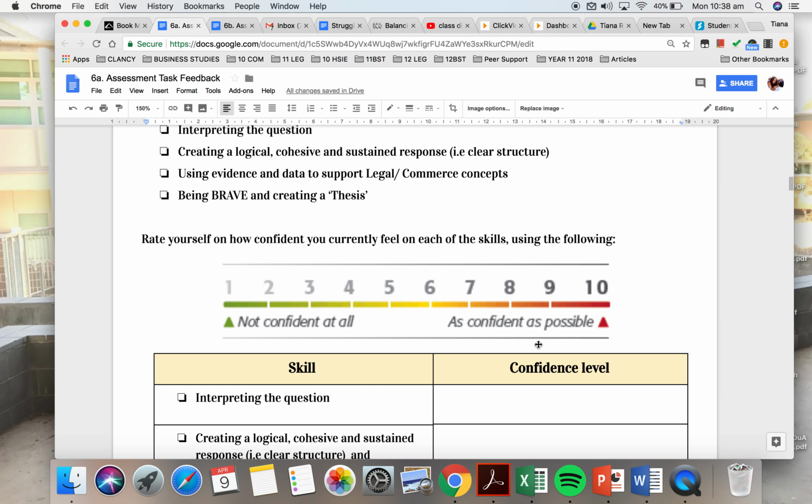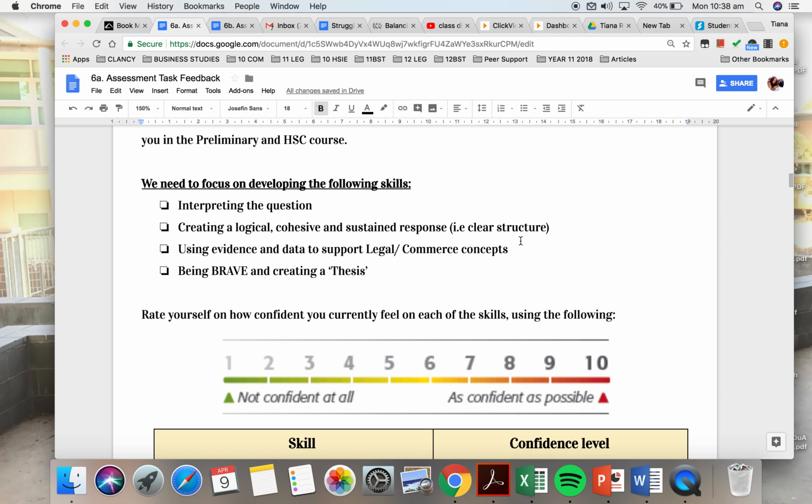I'm going to ask you to now open up your laptops again, and I want you to write a number as to where you feel confident. Based on your confidence level, how confident are you in interpreting the question?